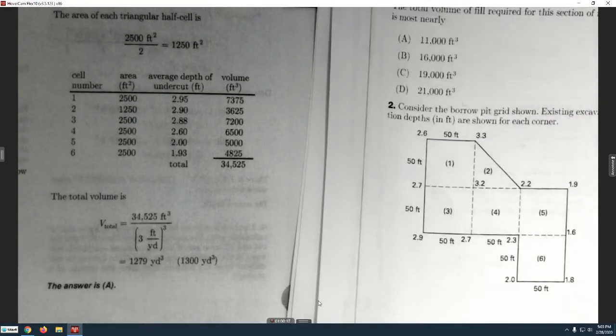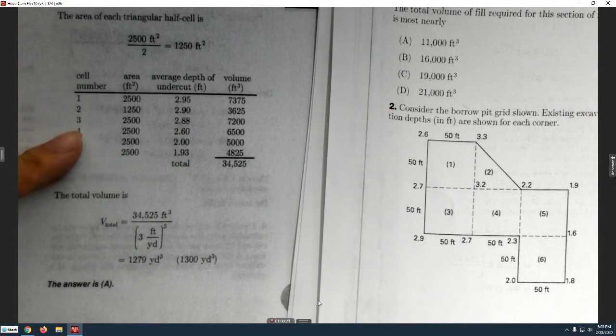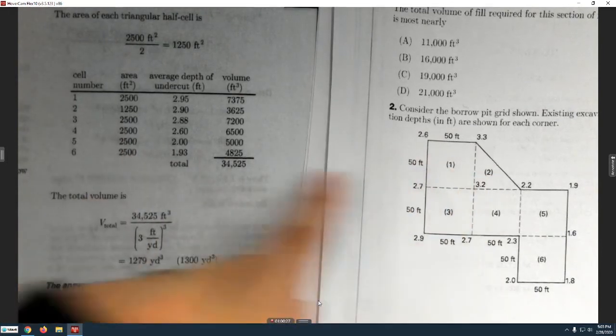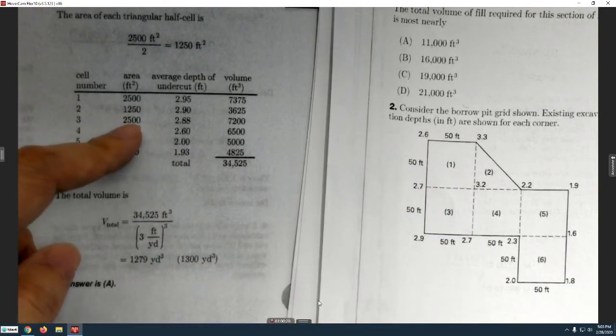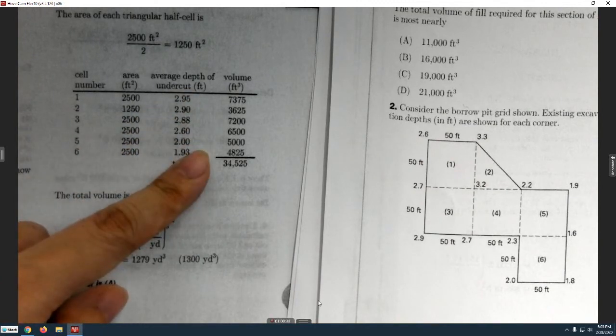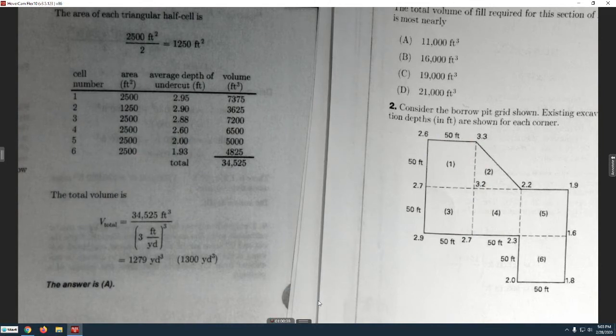Okay. Now, first summarize all these different grids as the cell number. And then for the first column, you want to calculate the area. Okay. The 2 is half of the square. It's a bit different. And then another thing is to calculate the average depth of undercut. Now the question is, how do you calculate the average?